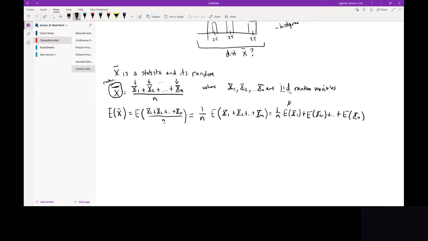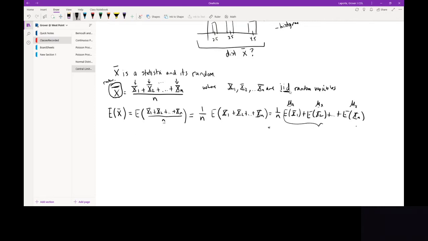Remember from above, it's just mu x, and this is mu x, and this is mu x, because they're identically distributed. They all come from this underlying distribution, and the mean of that underlying distribution is mu x. So how many of these do we get?